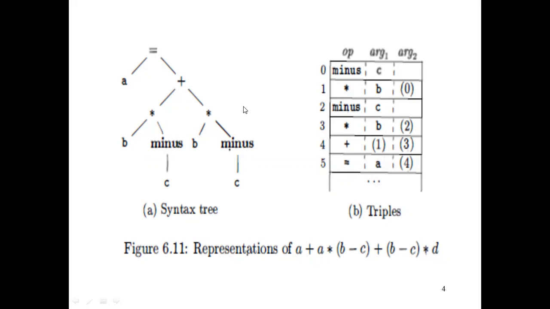Now you can see here and differentiate also. What is the difference between the syntax tree and the DAG, directed acyclic graph? Because in case of the directed acyclic graph, we will not use this repetition. Here you can see, this is called the redundancy. B star minus C and B star minus C, the given expression indicates the common subexpression.